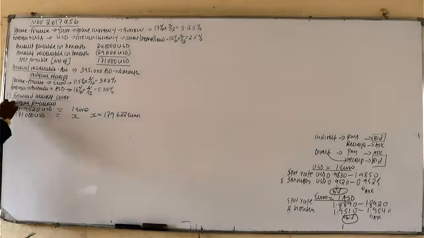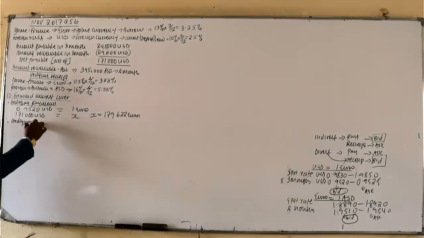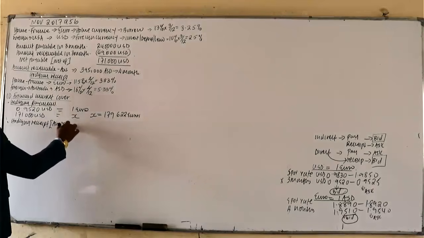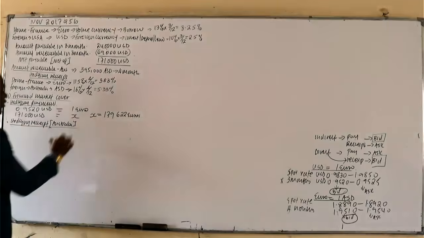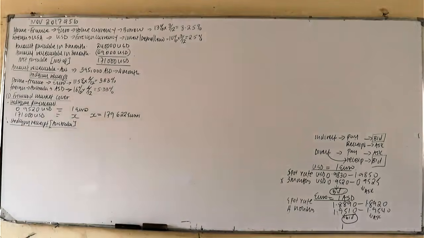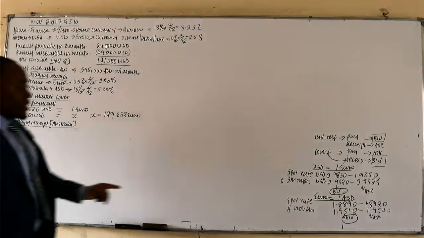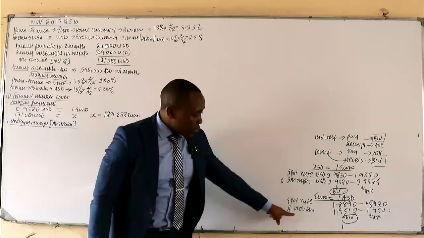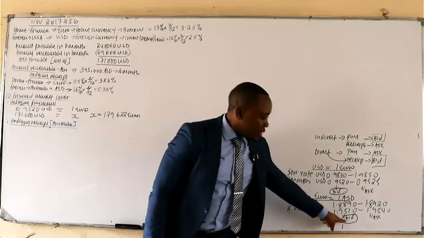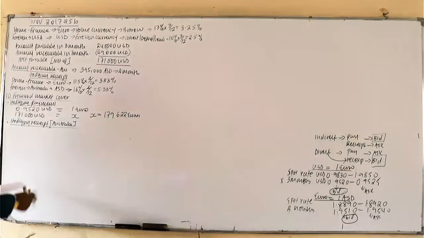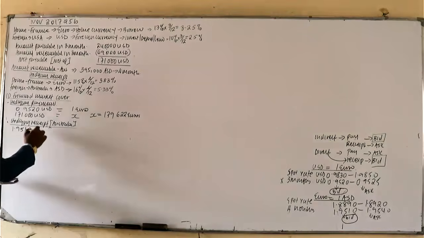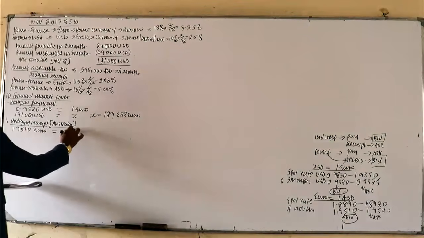Then the other one, also still using the forward market, hedging receipts from the Australian customer. So for Australia, in 4 months' time, Australian dollars. These are the details for when you're hedging the receipts. In 4 months' time, we are still using the bid price, of which the rate will be 1.9510 euros, equivalent to $1.